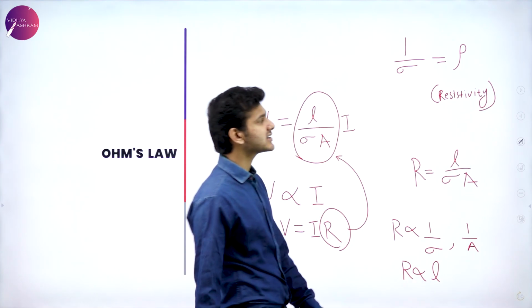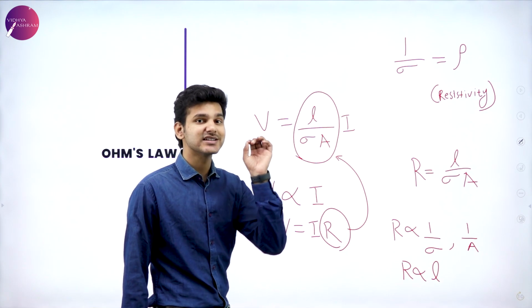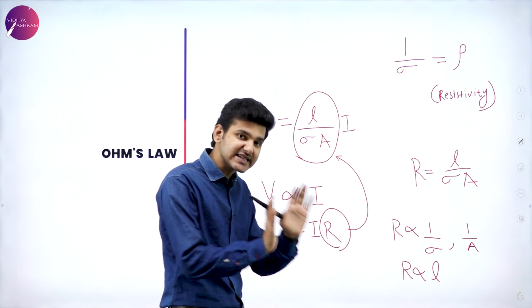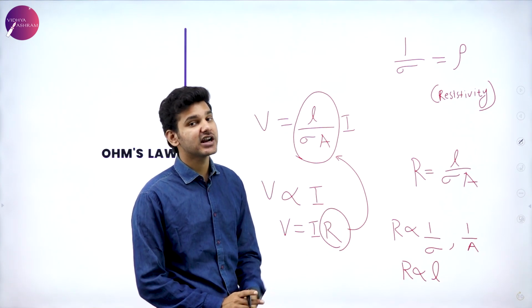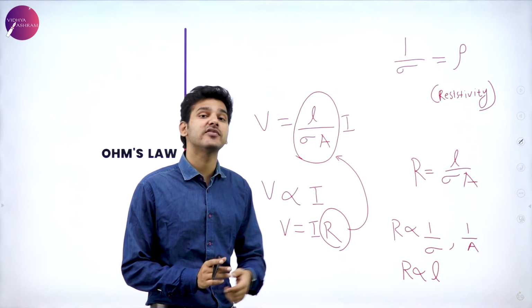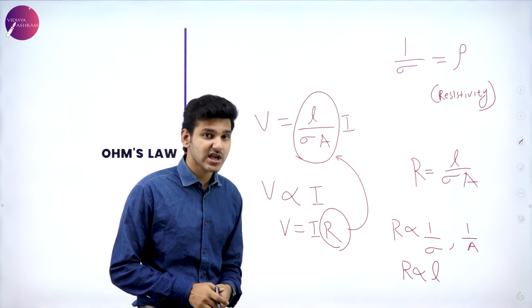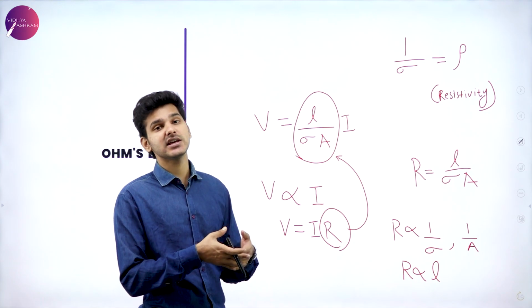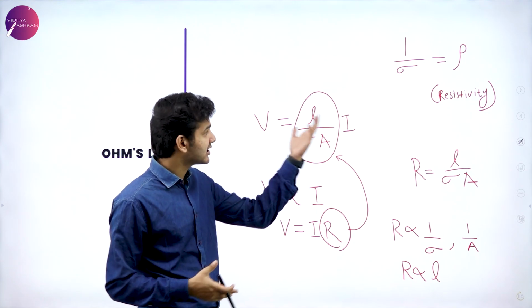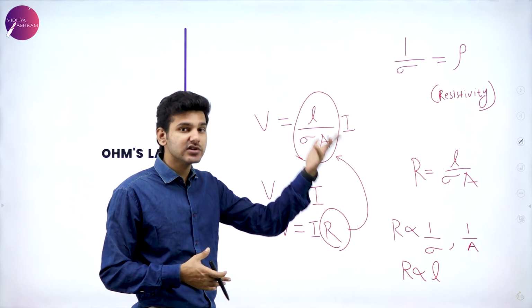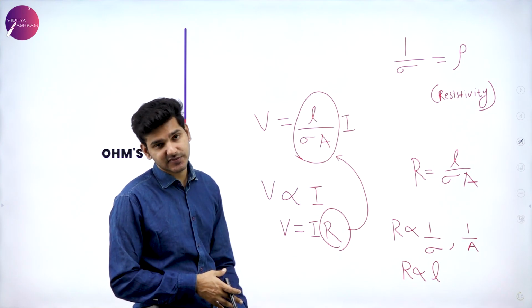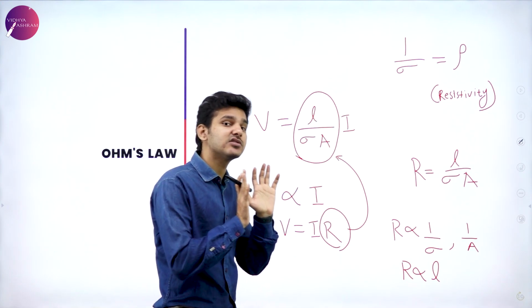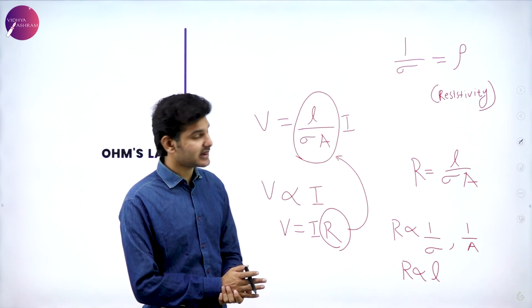How much resistance a material can offer depends on the inverse of its conductivity. Conductivity was how easily a material can let charges through, and the inverse of that is resistivity, how much a material can resist the flow of charges in it.